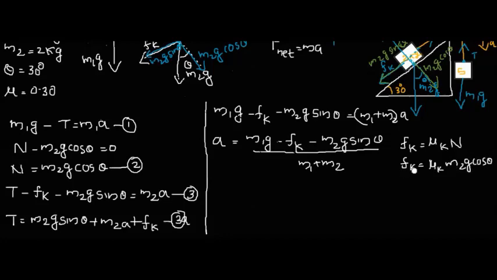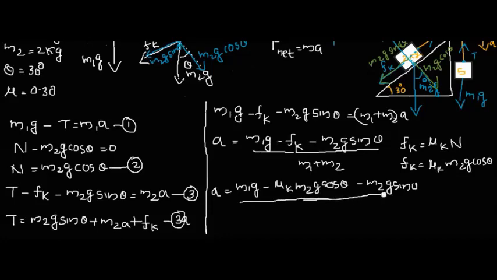Now we have to substitute the value of Fk in the expression of acceleration. So you will get the acceleration as a equal to (m1g minus mu k m2g cos theta minus m2g sin theta) whole divided by (m1 plus m2). Now all the values in this expression are known: m1, g, mu k, m2, theta.